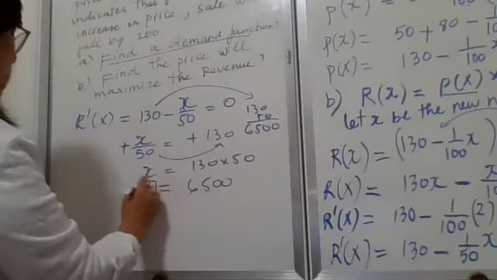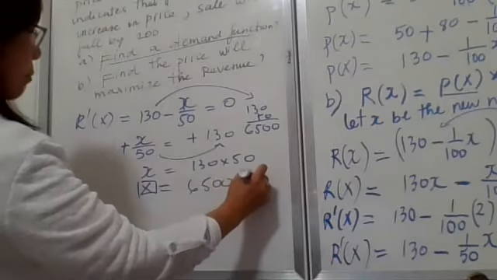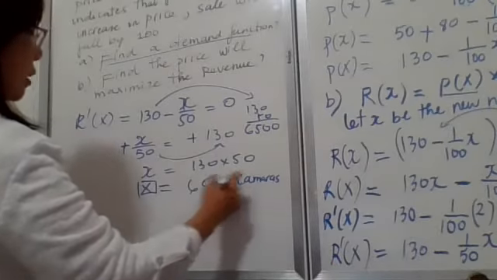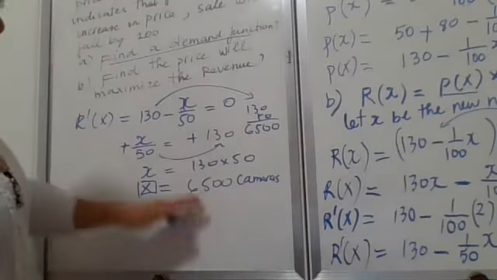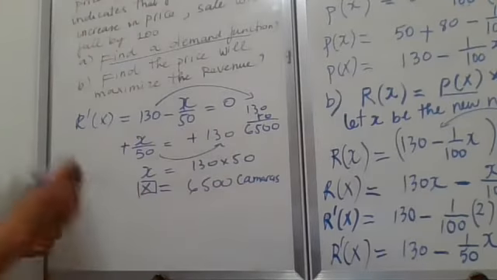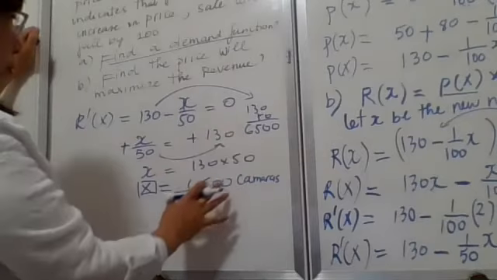So the X here is the number of sales, which is 6,500 cameras. So the new sales is actually no longer 8,000 cameras, but 6,500 cameras. So this will maximize our revenue.